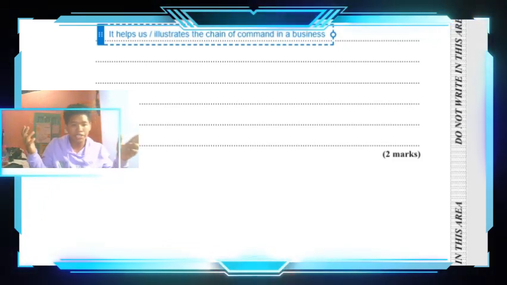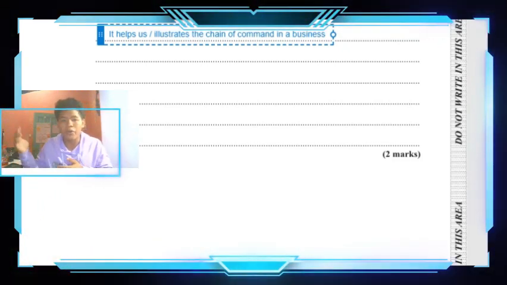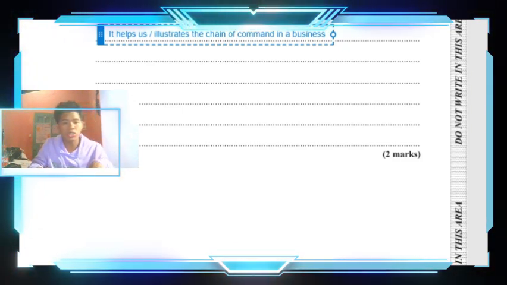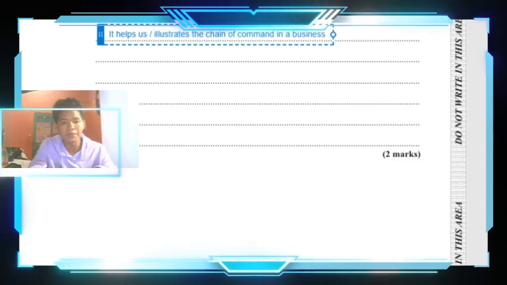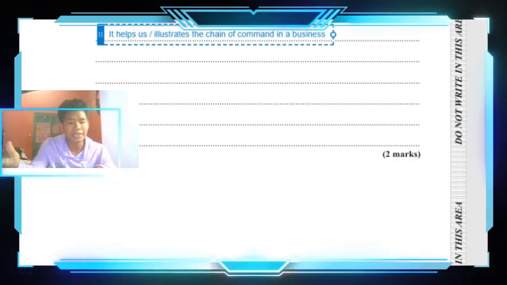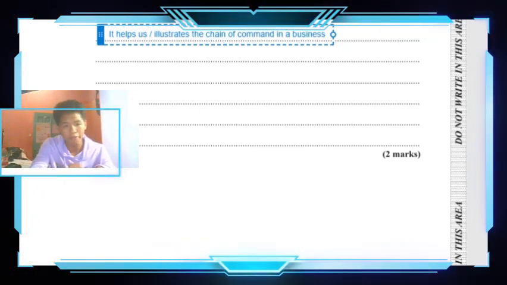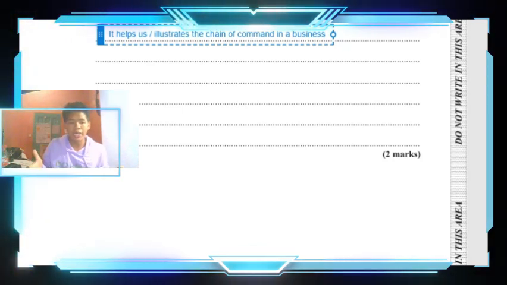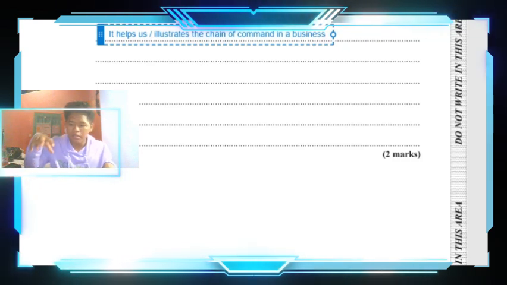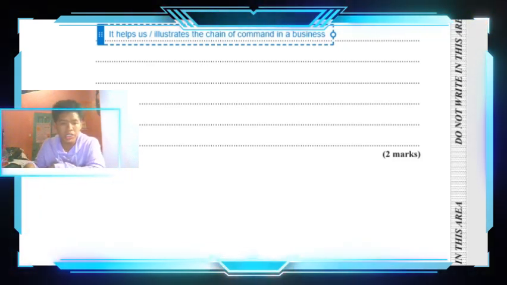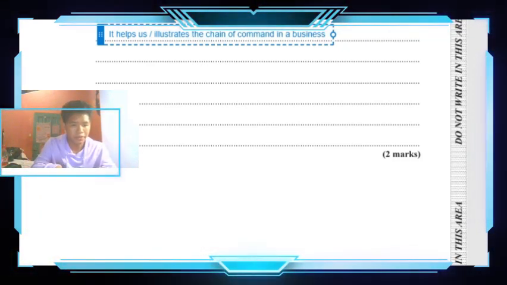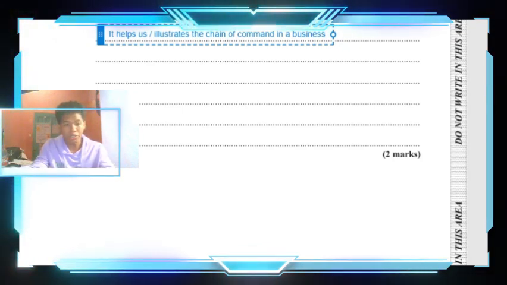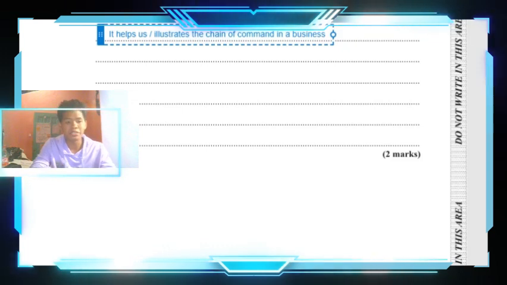There are three basic types of organizational chart. There is the one that illustrates the chain of command within a business, which is usually the context we want to look at for office administration. That is the chain of command as it relates to persons and their positions in a business. The other type of organizational chart is within ideas.